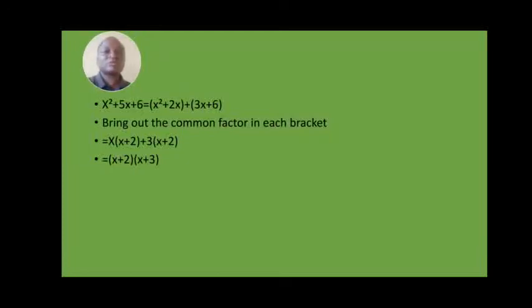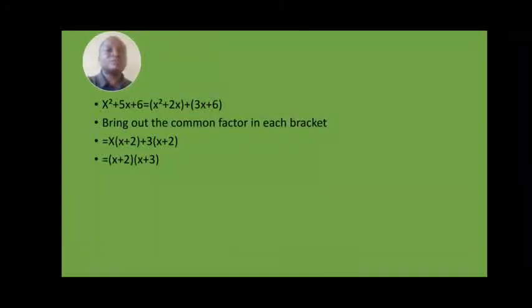We have x squared plus 5x plus 6 equal to x squared plus the two factors, which come in between the first and the last: x squared plus 2x plus 3x plus 6. And you put them in brackets, also in pairs. And when you do that, you will now bring out the common factor in each bracket.